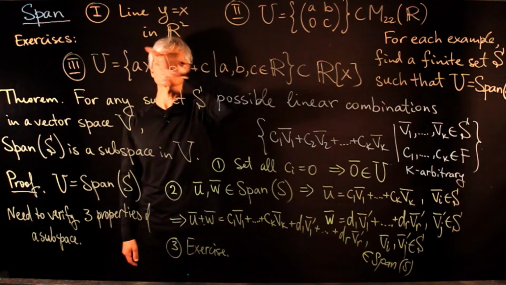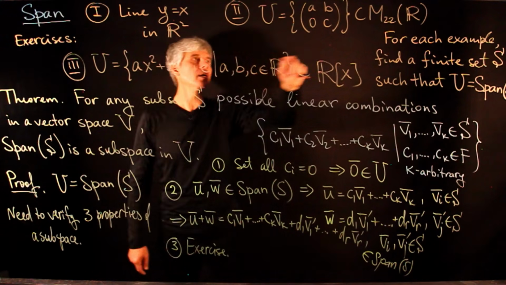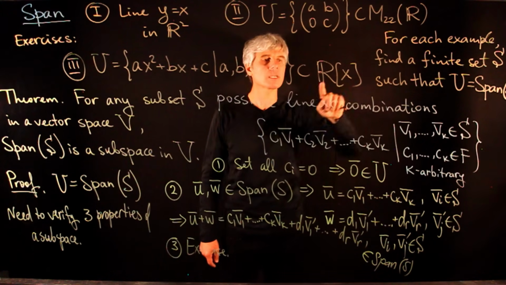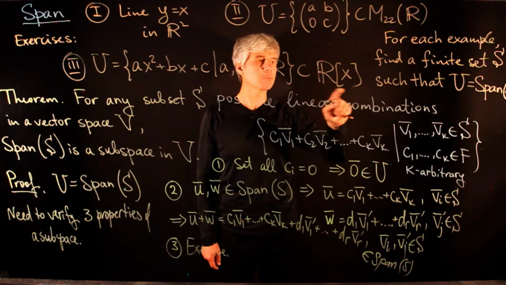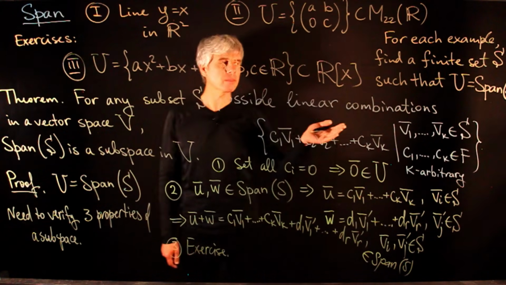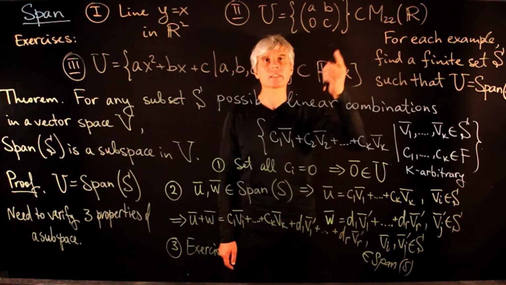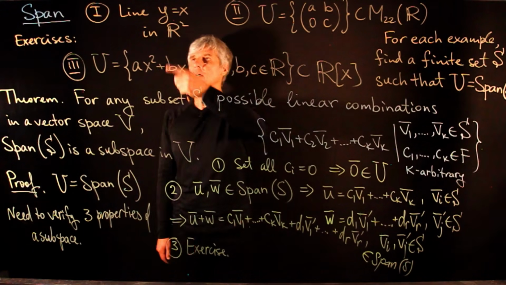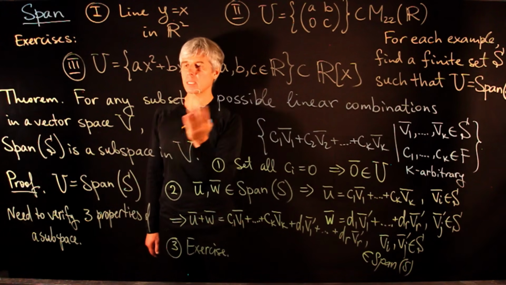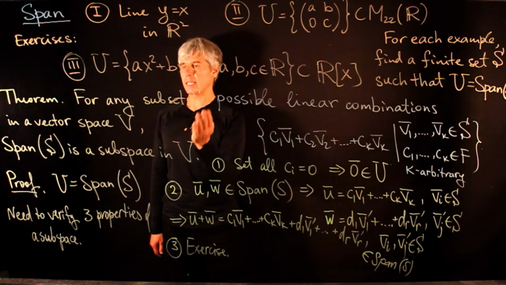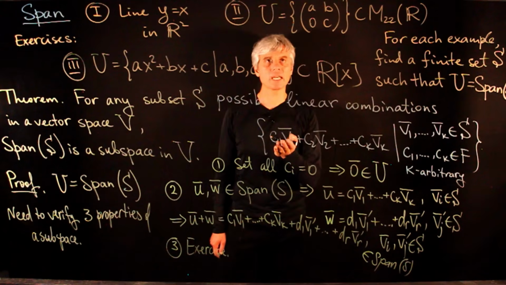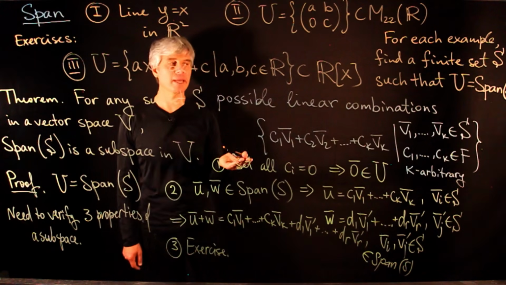So here, this will be a subset of R2. Here, this subset will be the subset in the set of matrices. And here, this subset will be the subset in the space of polynomials, such that the span of this finite subset gives precisely these subspaces. So in agreement with this theorem. So this theorem says that any span is a subspace, but here we're trying to do the opposite. So for a given subspace, we want to realize it as a span.